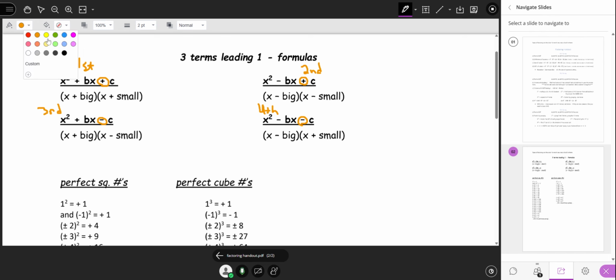So, with your constant being positive, the middle sign is always the same as what you have in the middle. When the constant is positive, the middle sign is always the same.